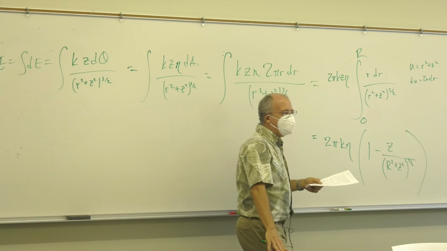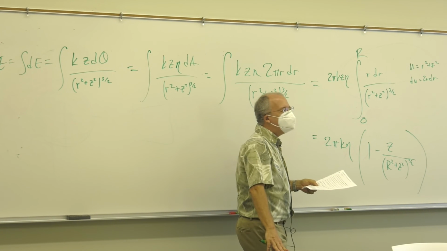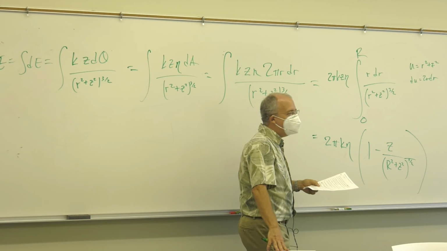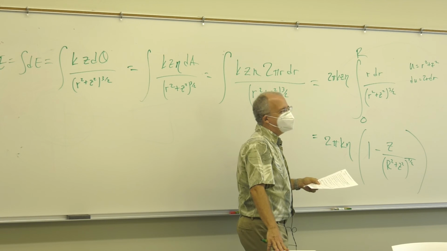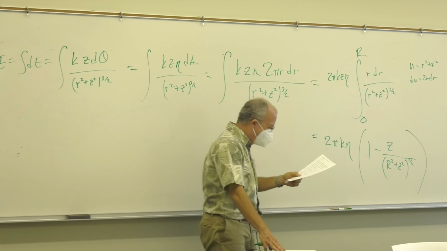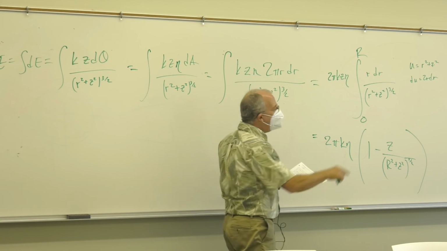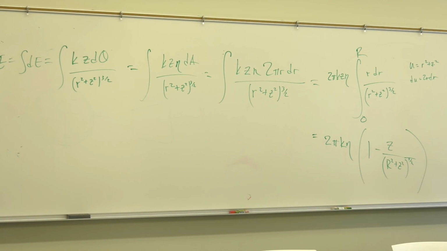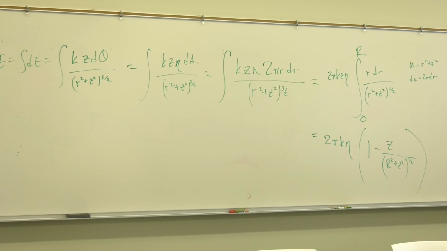All right, now we want to get an infinite sheet out of this, an infinite plane. How long do you think it's going to take us to do that? 2 seconds. Okay, what do I want? If I want this thing to be an infinite plane, what is bigger than what? Here's a little hint.